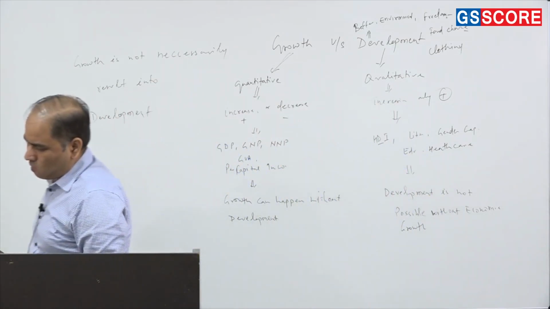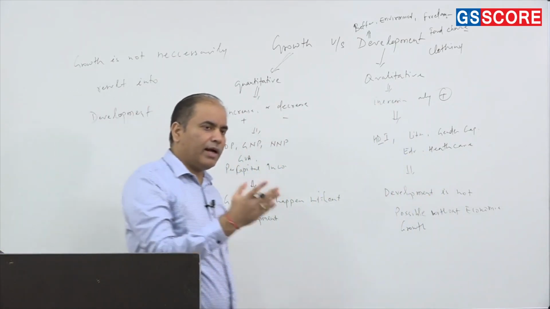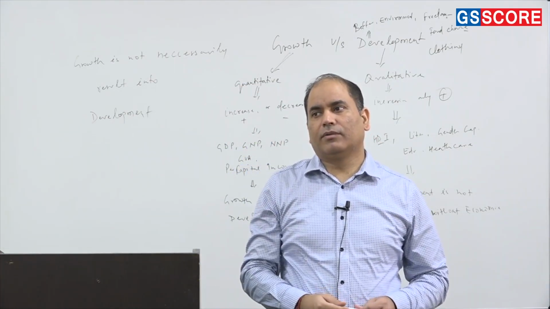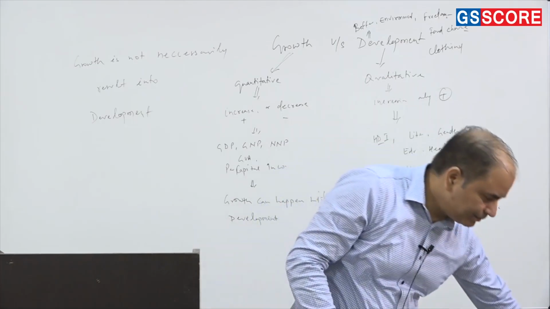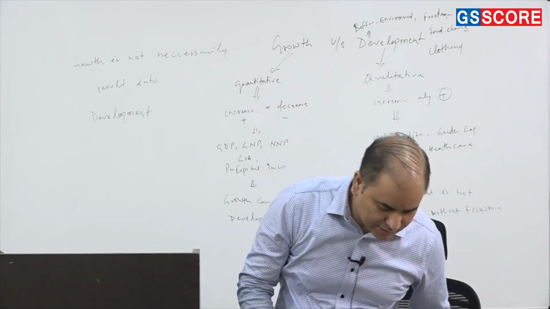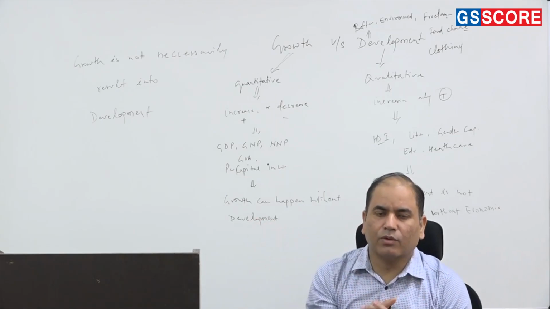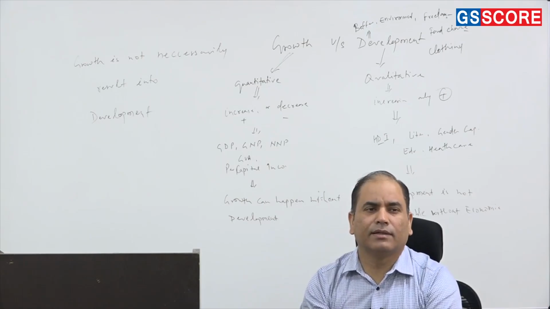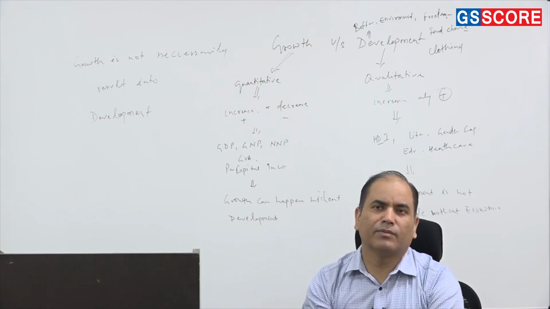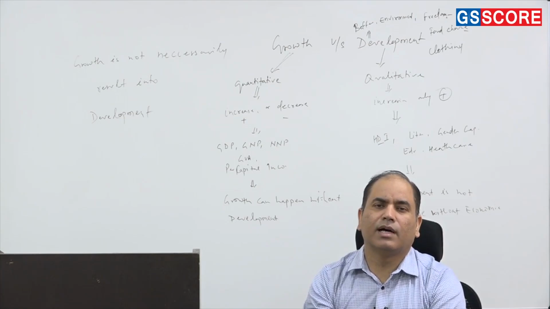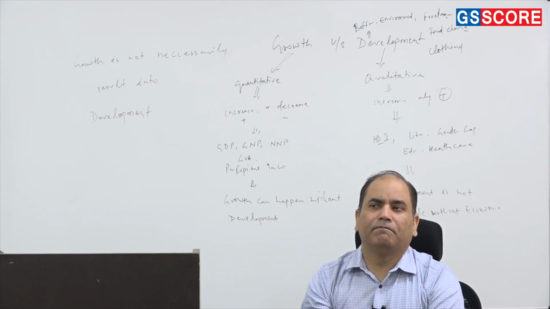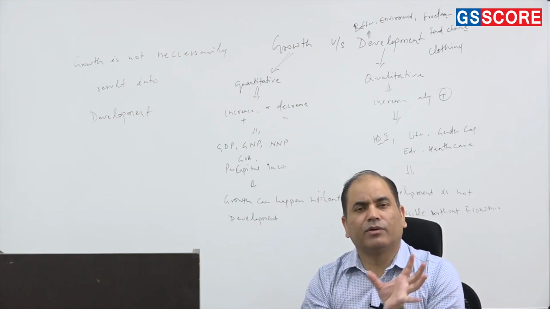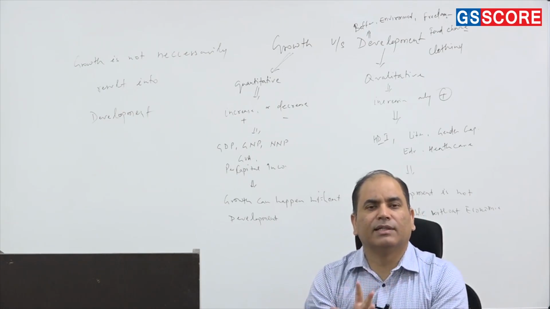Now, if you look back just a few decades, or you can say in the last century, when this debate of growth and development started. So, in the initial classical economic model, the thought process was that, almost in the early 20th century, economic growth and economic development were considered similar.